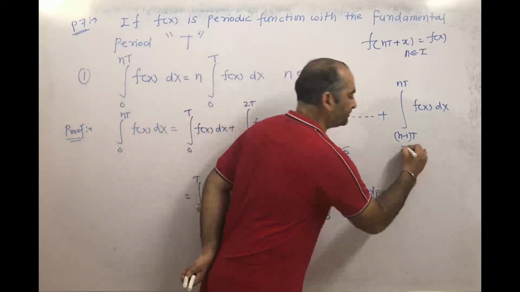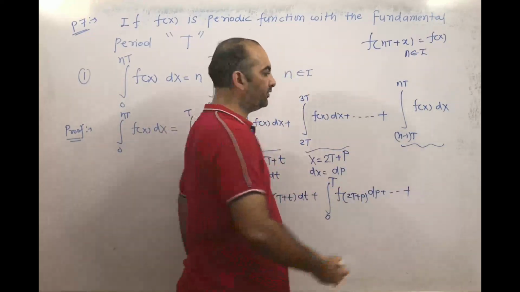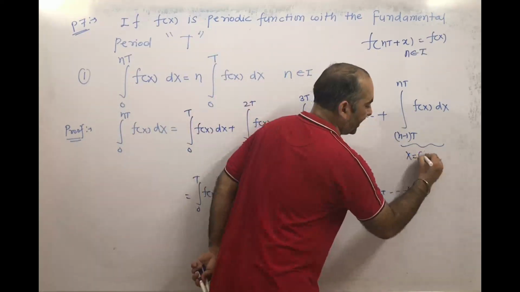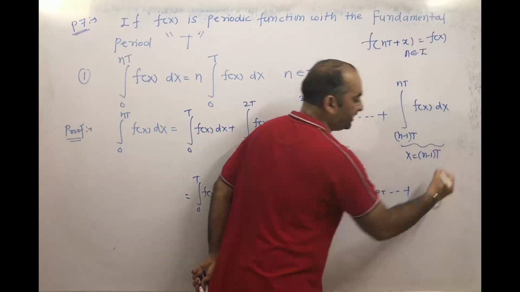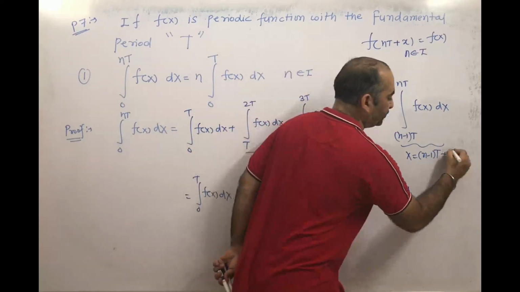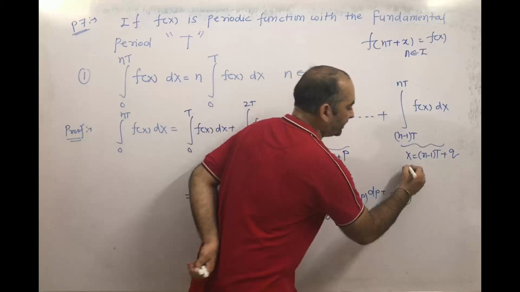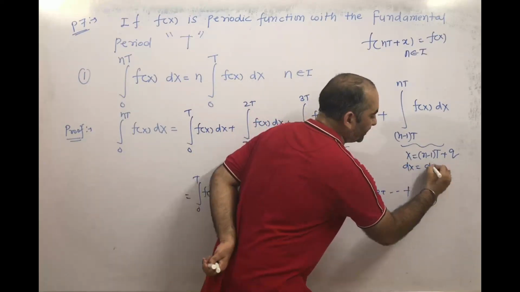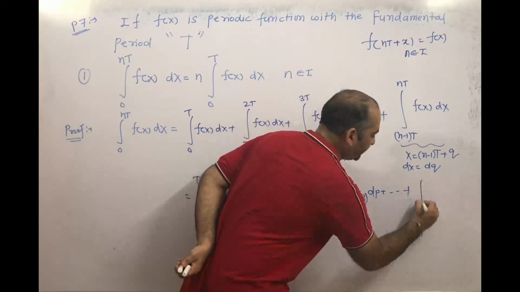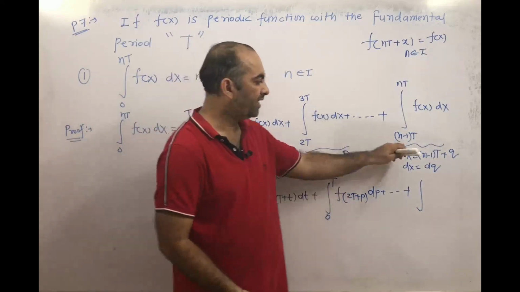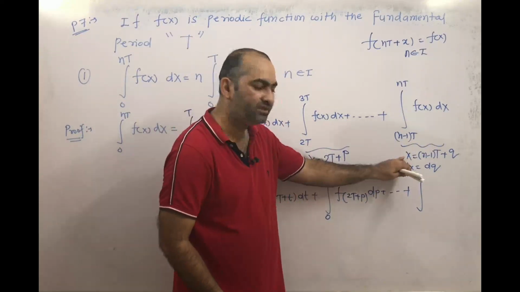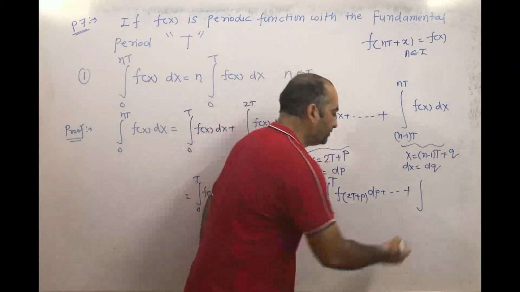Similarly here also. Okay, here what you are doing? Instead of x you are putting (n minus 1) capital T plus q. So here dx equals dq. So here was the integration. If I put here (n minus 1)T, q value will be 0.